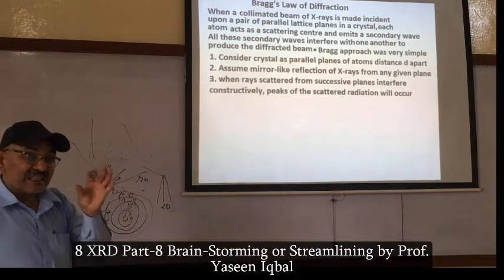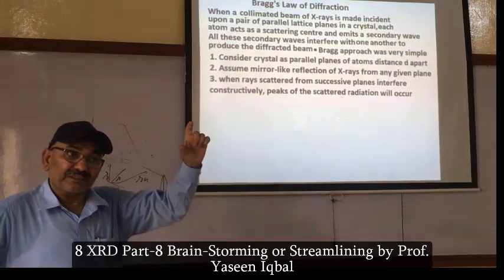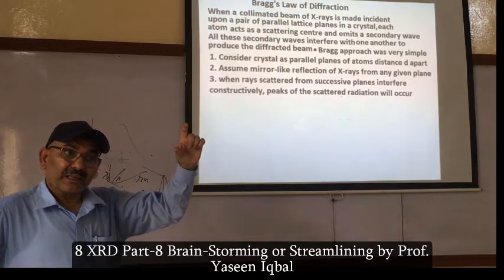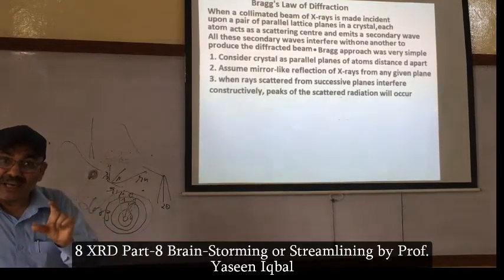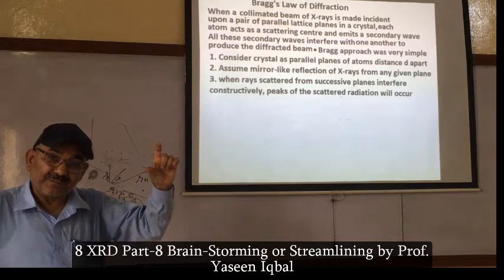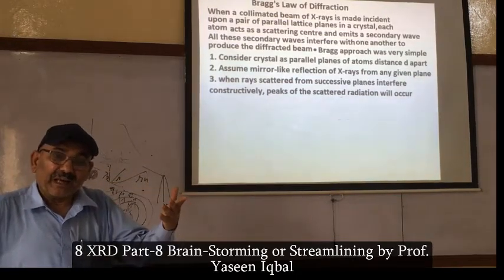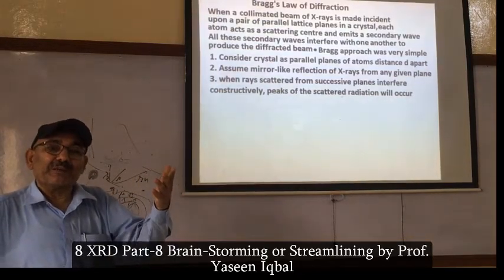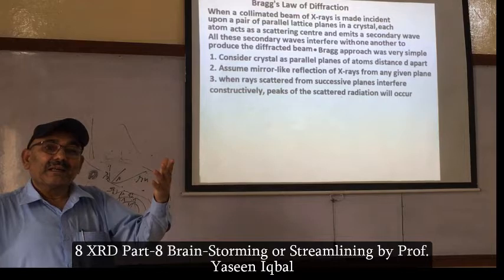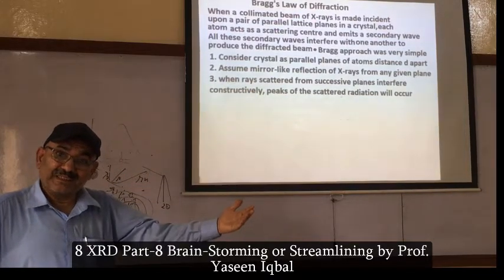If the successive planes are equidistant, then there will be periodicity. And when there is periodicity, the Bragg condition will be satisfied.